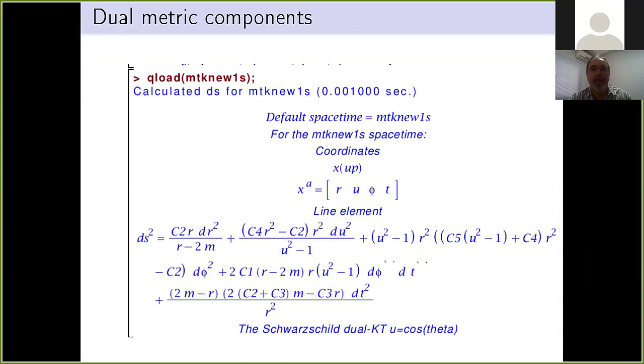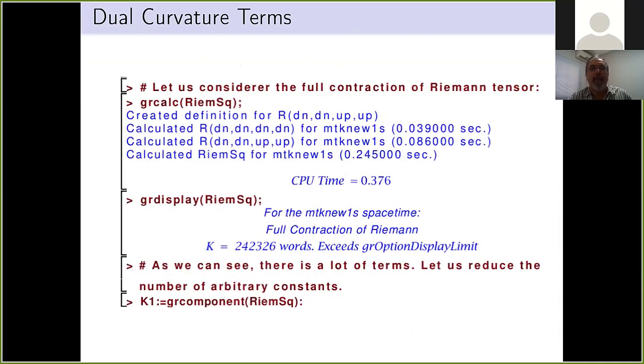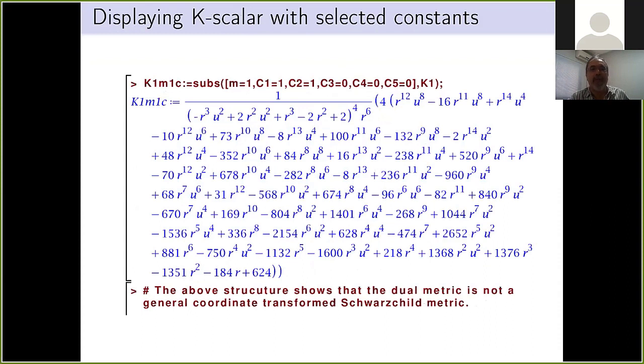Here we have the components of the metric. It's possible to see more details in Maple. But if you try to consider the full contraction of the Riemann tensor, it's not possible to display. In that case, you can choose some constants. You can see there is no similar structure with the Schwarzschild invariant.